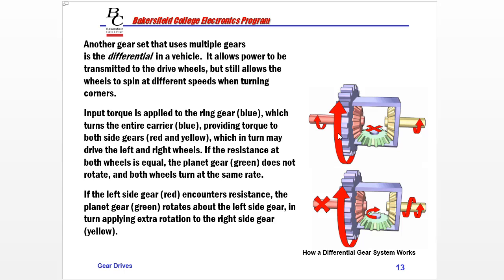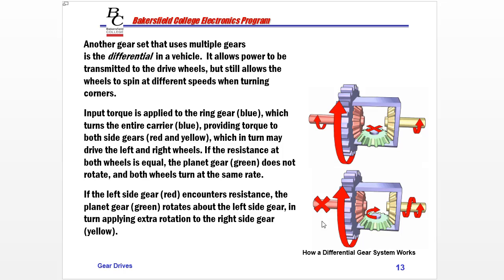Well, that's great, but both wheels of a car don't always turn at the same rate. What if we encounter some resistance, or we're actually turning? When we turn, we're going to encounter that resistance. For example, when we turn to the left, this is going to turn much slower than the right side of the vehicle because it has a lot more ground to make up.